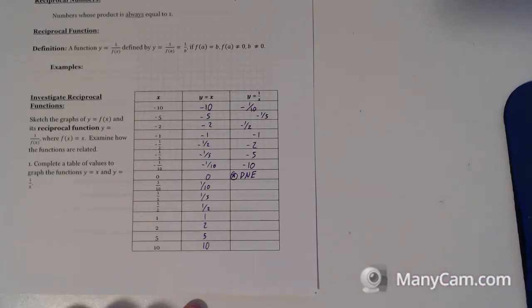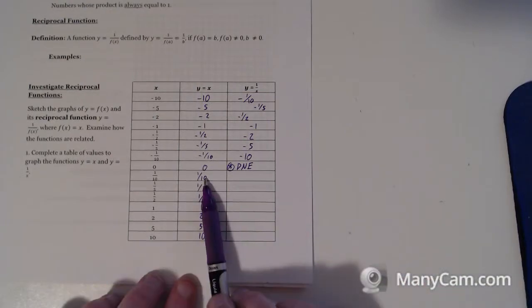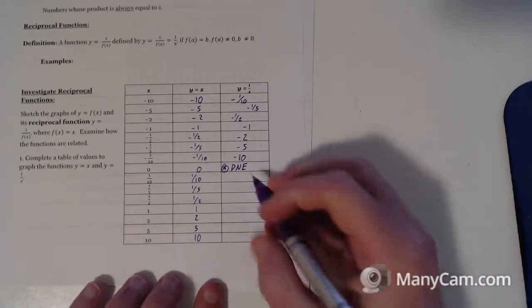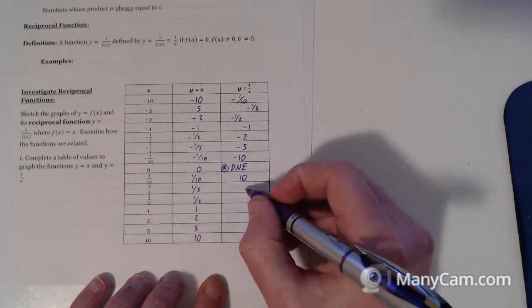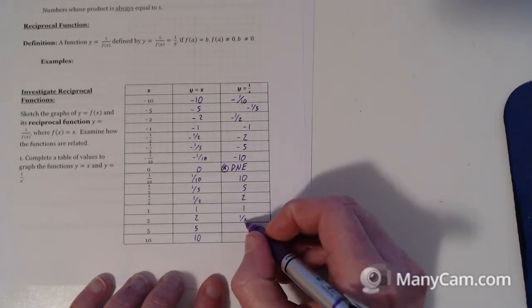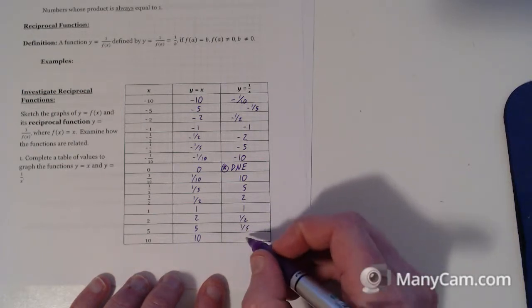And here's just that restriction again. So you can't divide by 0, and we kind of get that idea already. And then we go the other side, and it should be all the same numbers, just positive now. And flipped, of course. So 10, then 5, 2, 1, 1/2, 1/5, 1/10.